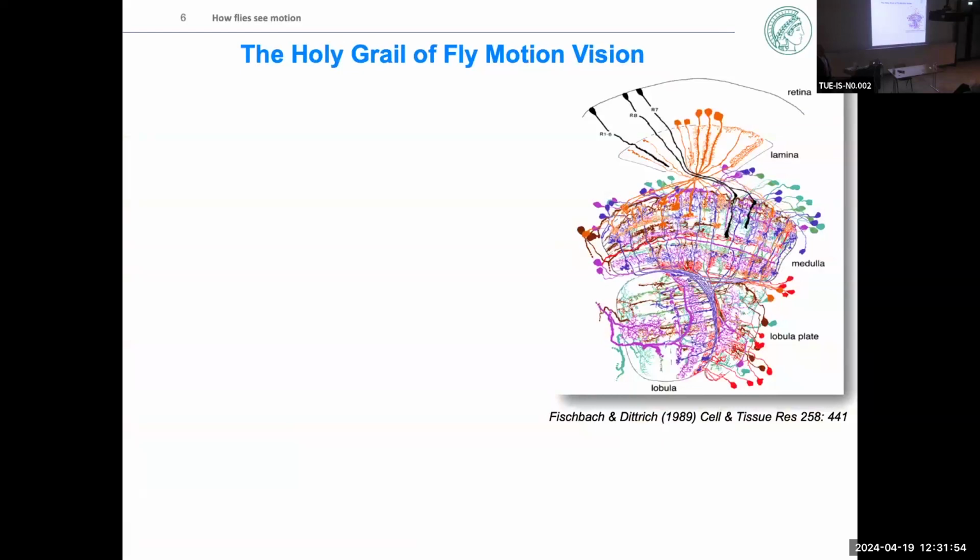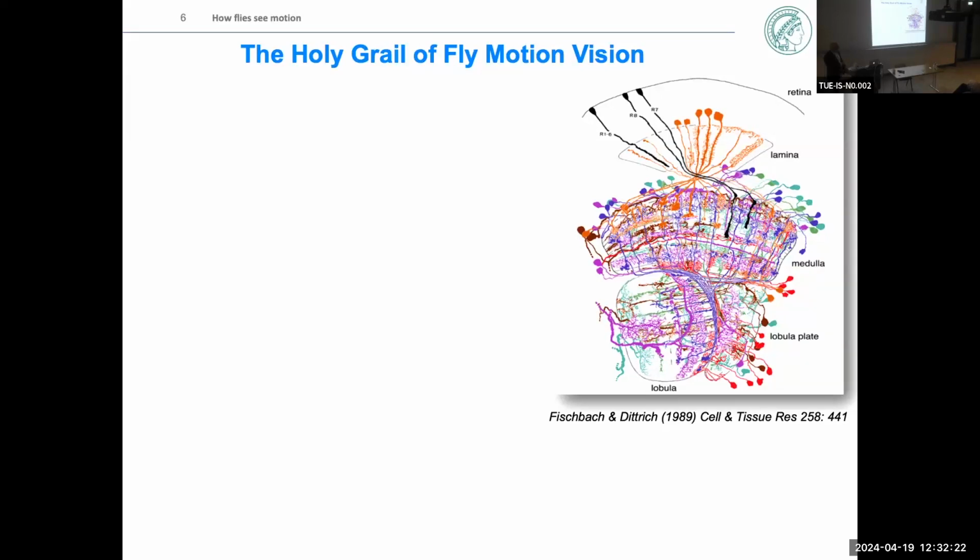And so looking at all the different columnar cell types in the fly optic lobe, you see this jungle. That's all the different, about 100 different cell types that were found and stained by Fischbach and Dittrich, published in '89.